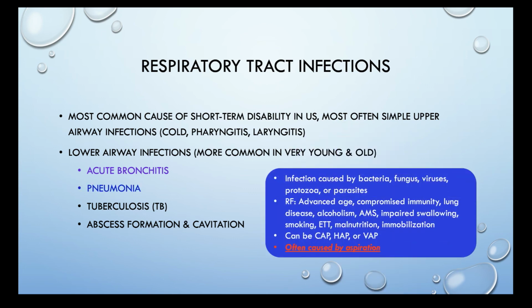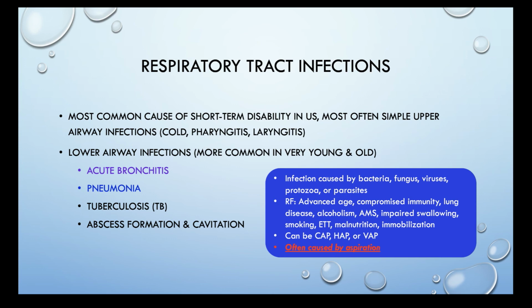Pneumonia is an infection caused by anything, really, that's infectious. Bacteria, fungus, viruses, protozoa, and parasites. We have risk factors of advanced age, compromised immunity, lung disease, alcoholism, altered mental status, impaired swallowing, that aspiration pneumonia we talked about, smoking, endotracheal tube intubation, which is what ETT stands for, so people on a vent, malnutrition, and immobilization.